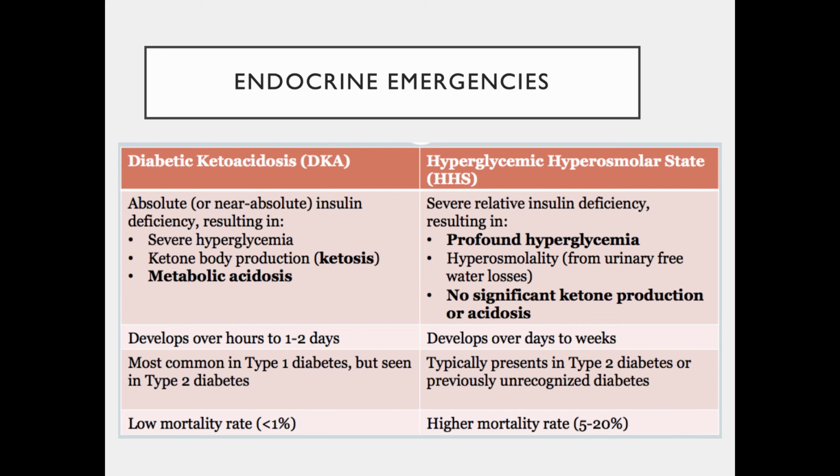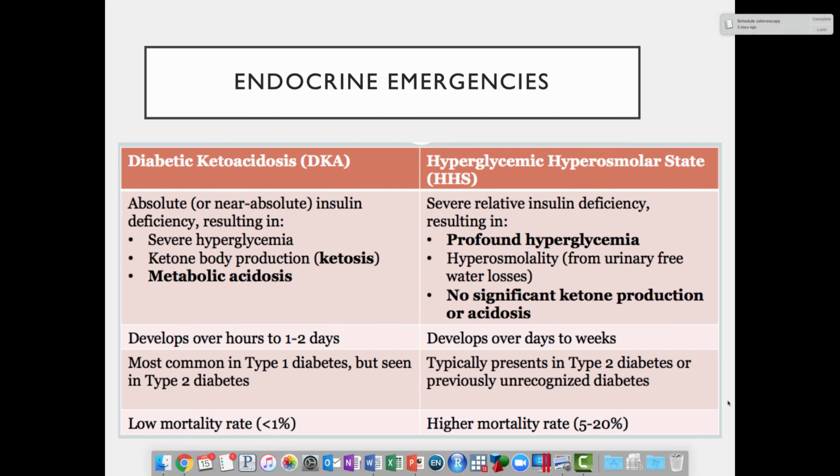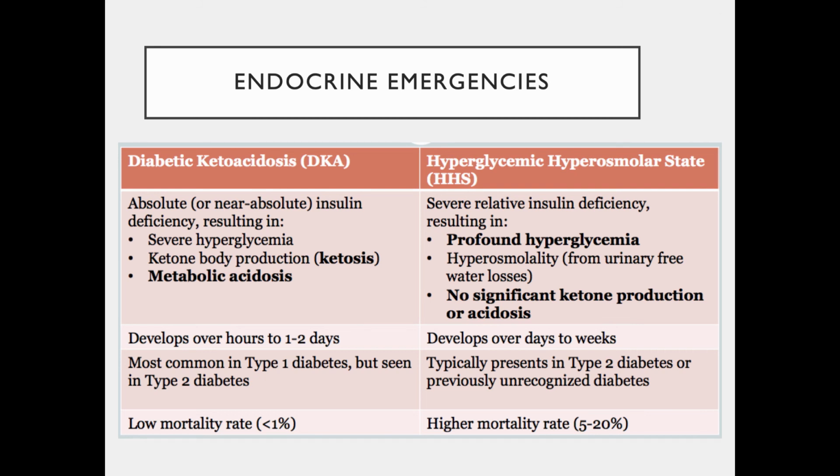You see what happens? You see how that works? So we tend to see higher blood sugar levels in HHS than we do in DKA, because in DKA, the blood sugar just keeps going up, ketosis happens, and the organism doesn't survive if that continues, because there's no sugar getting into the cells.